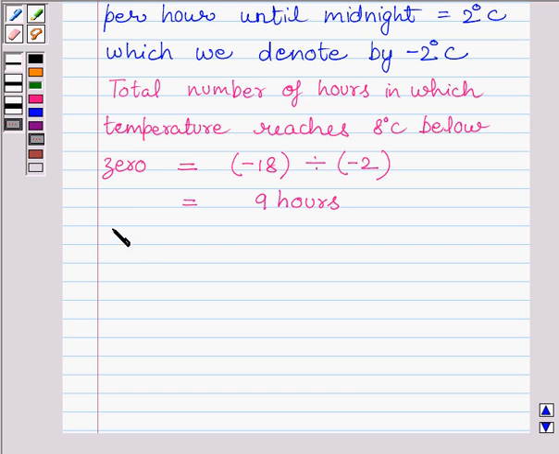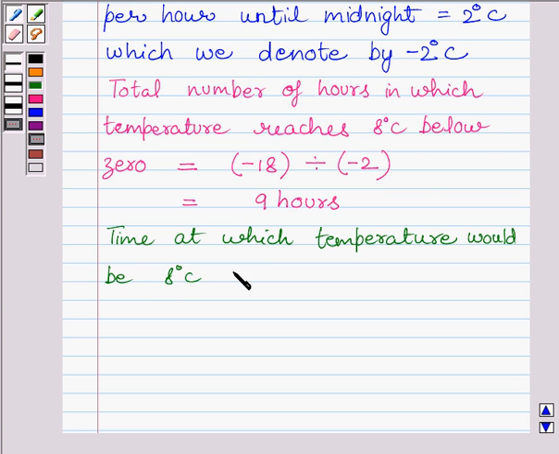So we can write time at which temperature would be 8 degrees Celsius below zero is equal to 9 p.m. We know 9 hours after 12 noon is 9 p.m. So the temperature reaches minus 8 degrees Celsius at 9 p.m.